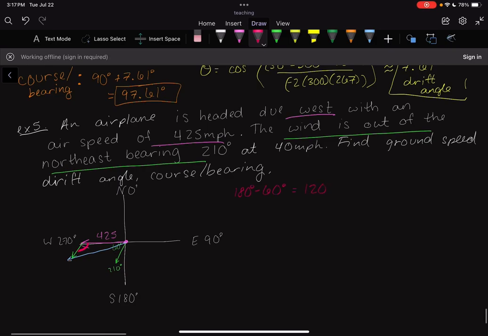Which is going to give me 120. So this angle over here is 120 degrees. And so now I'll have all my information.